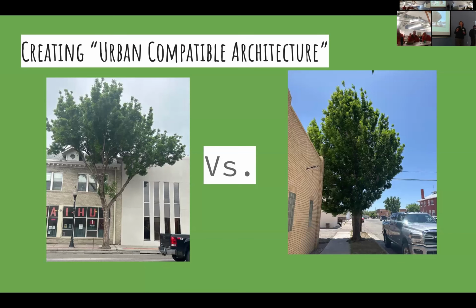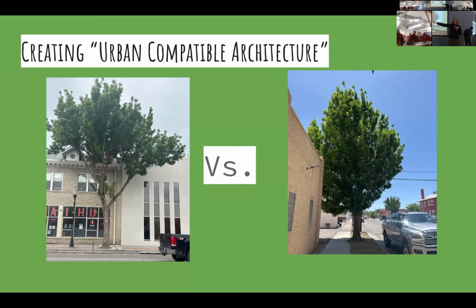What we're trying to do is create trees that are compatible for our urban landscapes. So this is a tree in the city of Alamosa. Why did we prune that tree that way? Clearance and visibility. Businesses complained: you can't see my sign, you can't see my store. And so we pruned it up. Who's taking TRAQ, the tree risk qualification?